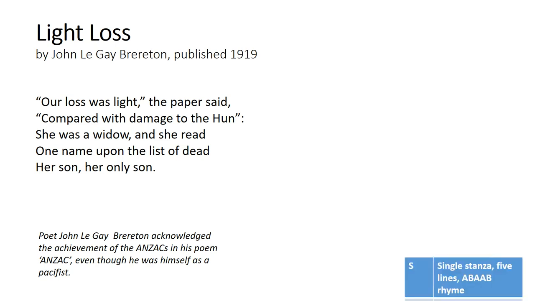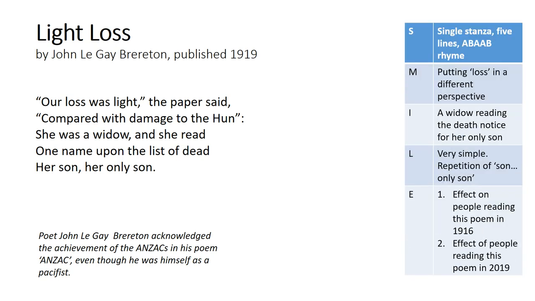So again, if we look at our smile analysis, our structure is just a single stanza, 5 lines, and just this little AAB rhyme. The message is putting loss into a different perspective. The fact that we lost fewer people than the Germans is of absolutely no comfort to this woman who has already lost her husband, and now she's lost her only son.